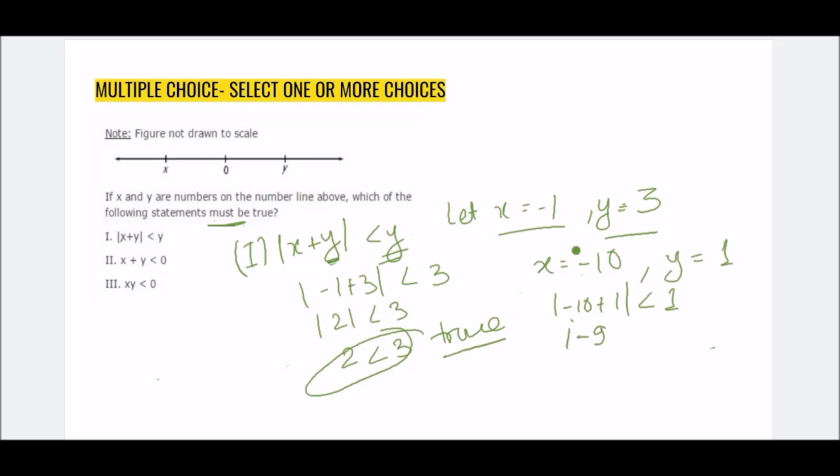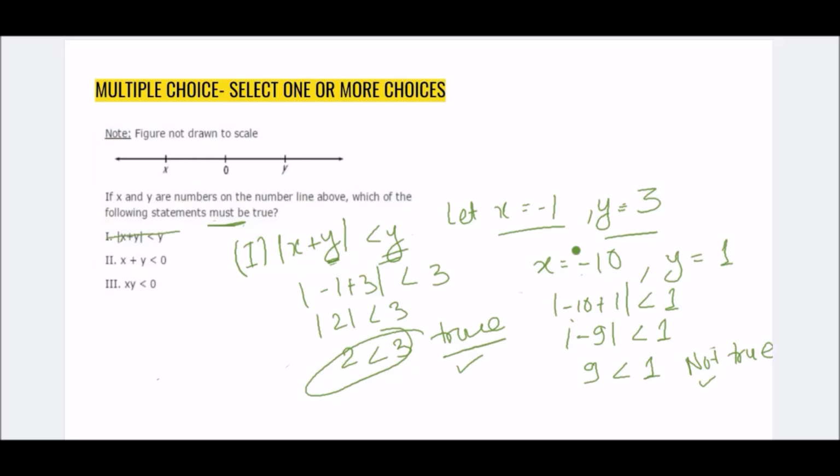So the value becomes modulus of minus 9 is less than 1. After removing the modulus, the value becomes positive, that is 9 is less than 1. Is it valid? No, it's not true. So see here, in one case it is true and in another case it is not true. So option 1 is not valid.